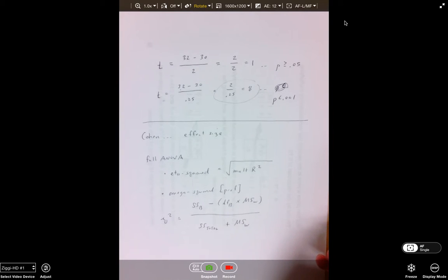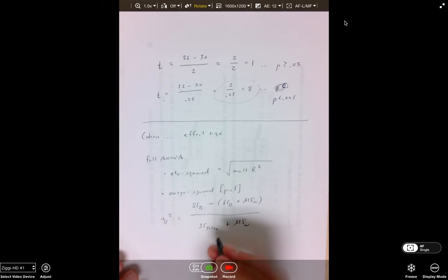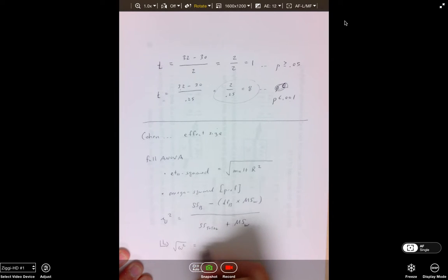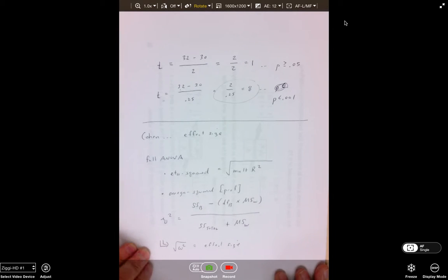Yes, that's right. I'll show you how to get that. And the square root of our omega squared is our effect size. So those are two ways of assessing the effect size for our full ANOVA.